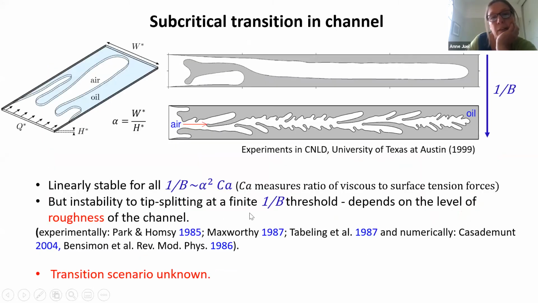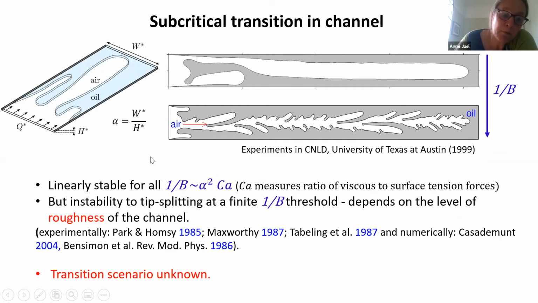But you can do that in the channel. So if you look at the same type of flow but in the channel, so now rather than injecting from the center, you inject from the end of the channel, you inject air that displaces the resident oil in the channel. Then essentially at long time, you typically get a steadily propagating finger, and that's a Saffman-Taylor finger.